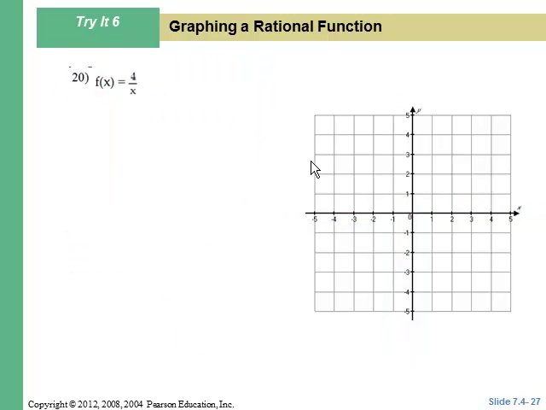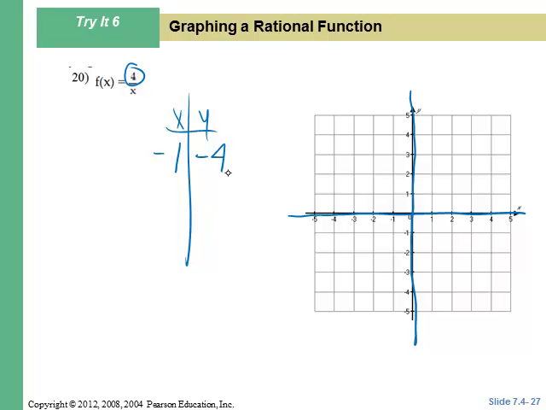Okay, you try this one. Notice our vertical asymptote is 0. Horizontal asymptote is also 0 because if you notice the numerator can't be 0. Let's try negative 1. 4 over negative 1 is negative 4.